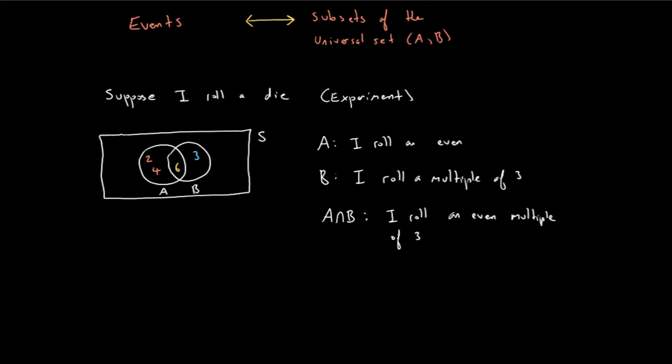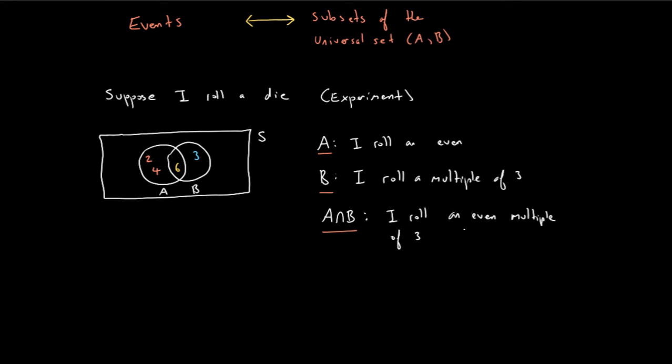Right, so these are my events here. So I've so far mentioned 3 events. I have event A, I roll an even. Event B, I roll a multiple of 3. And event A intersection B, I roll an even multiple of 3.